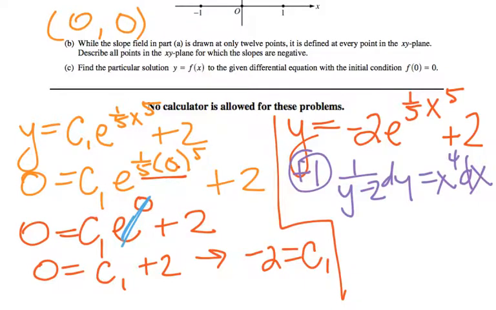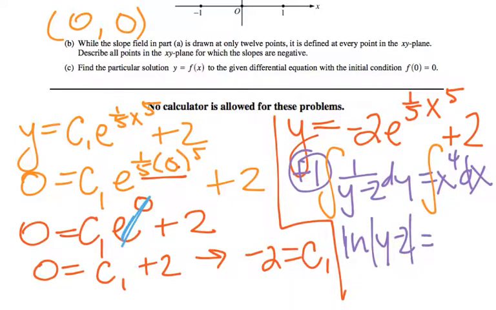If you knew that integrating would result in natural log of the absolute value of y minus 2 equals 1/5 x to the 5th plus c, you earned 2 points here for taking the antiderivative and doing it correctly.